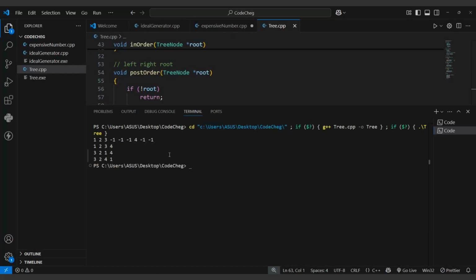You can say 1, 2, 3, 4; 3, 2, 1, 4; 3, 2, 4, 1.